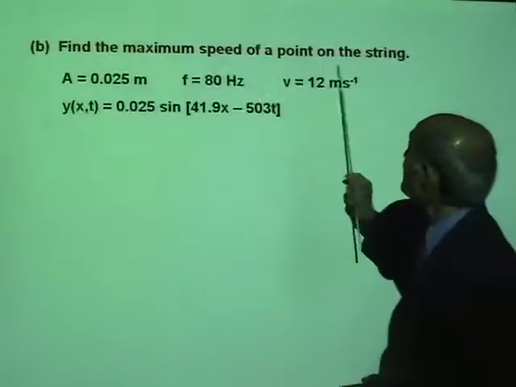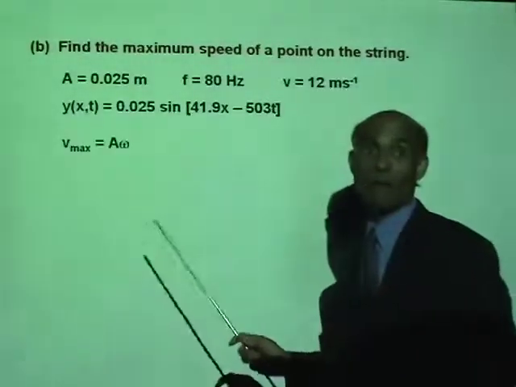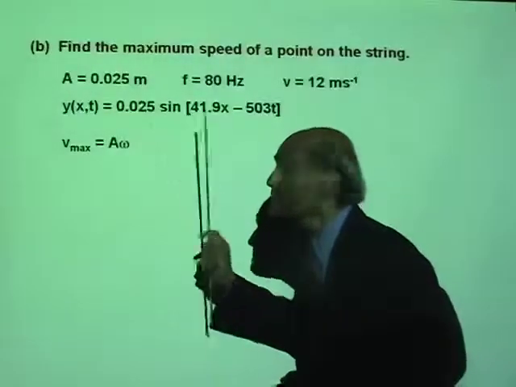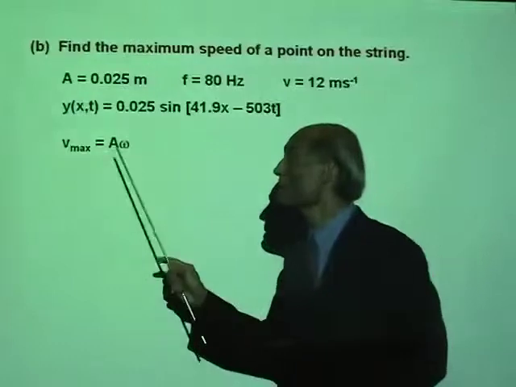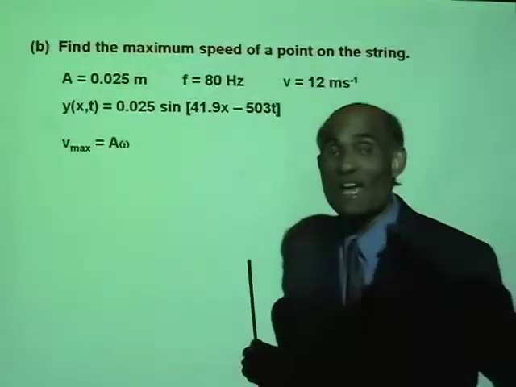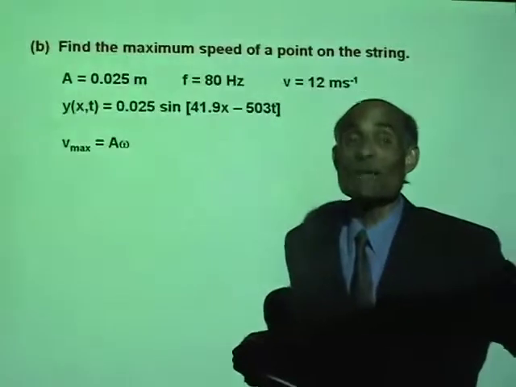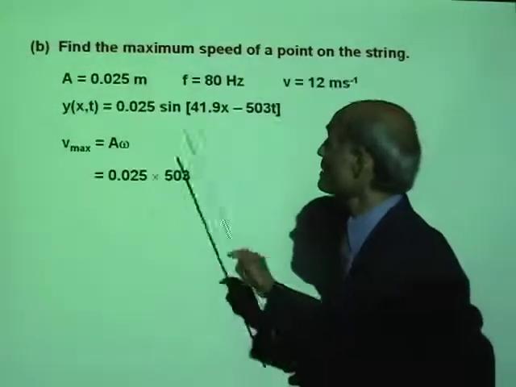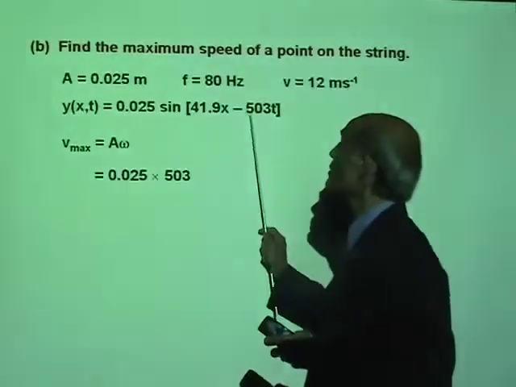Find the maximum speed of a particle. Now, Vmax equal to A omega. I want you to remember that. The maximum velocity is A omega. Maximum acceleration is A omega squared. So, A we know, omega we calculated. See, look at this.